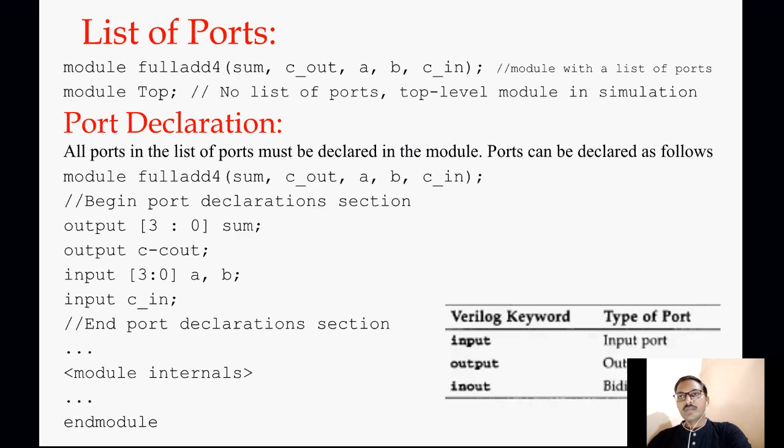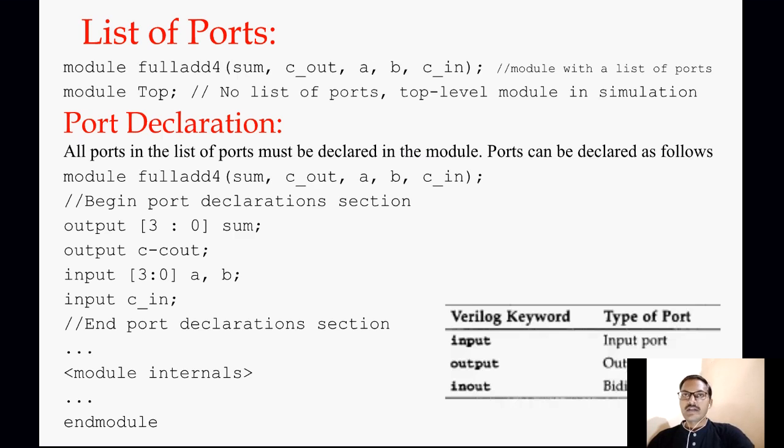Here is how we can specify this list of ports. Module, that is the keyword, then full_add4, the module name, and in brackets sum, comma, C_out, comma, A, comma, B, comma, C_in, bracket complete, semicolon.